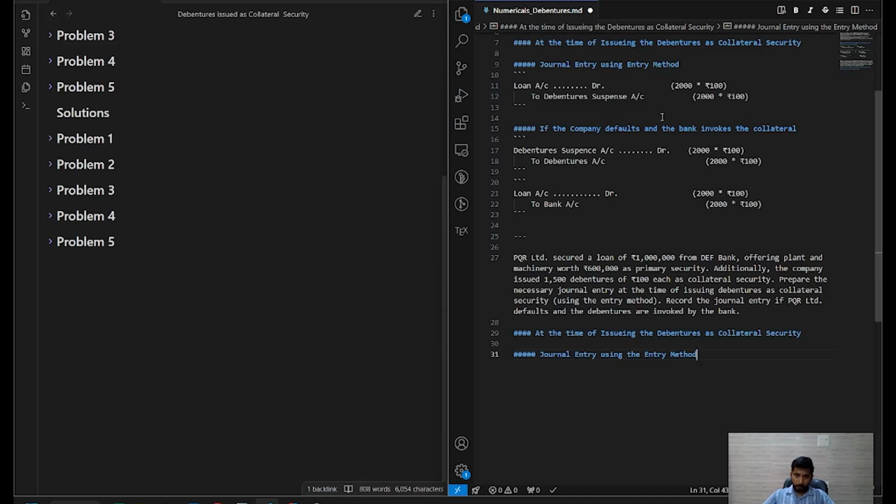That will be loan account debit to debenture suspense. I'm just copying it as it is since they are the same entries. And the amount will be rupees 1500 into 100.